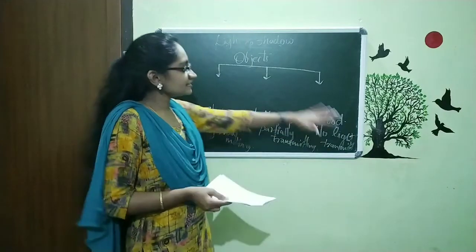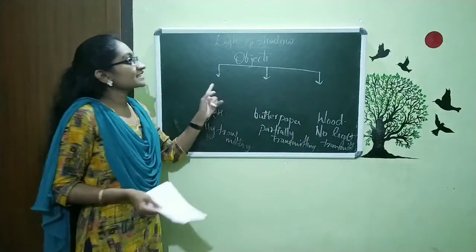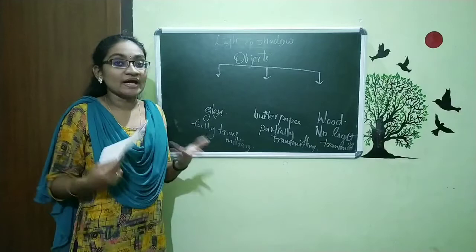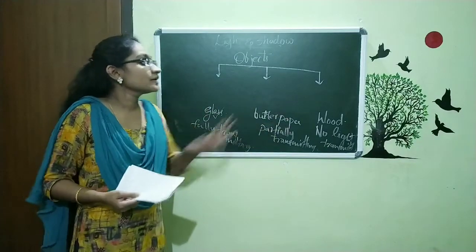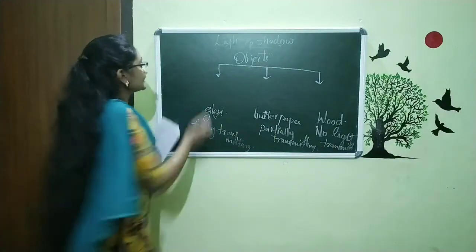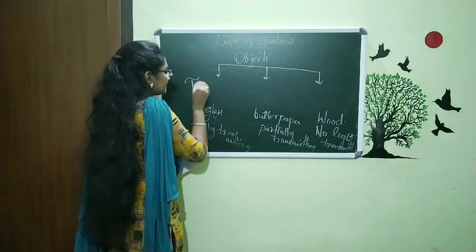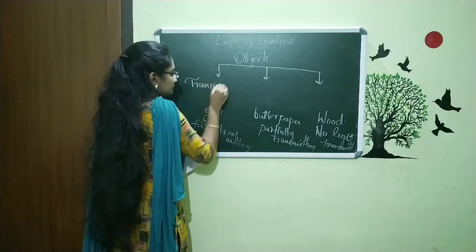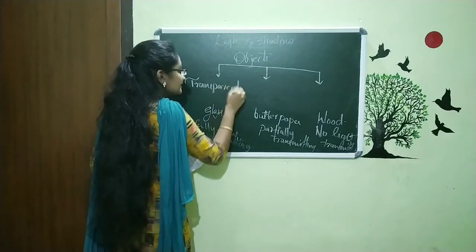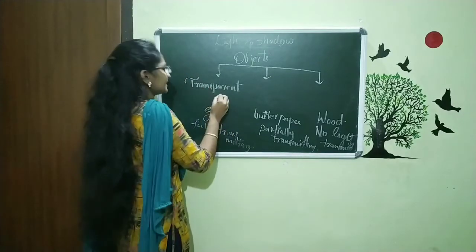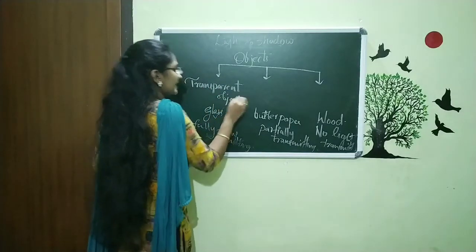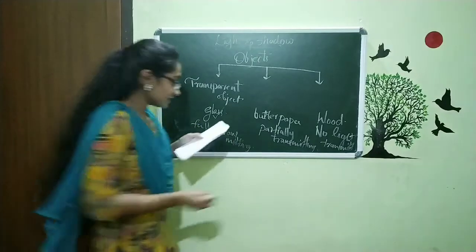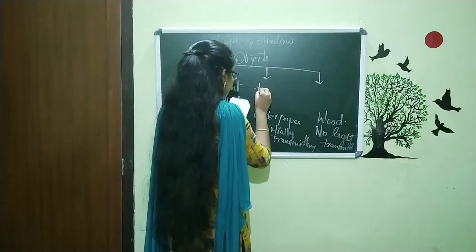So actually this is the basis of the classification of objects, and now I am going to give these three particular names. So the first thing is transparent material or object. Transparent object. The second one is translucent object.